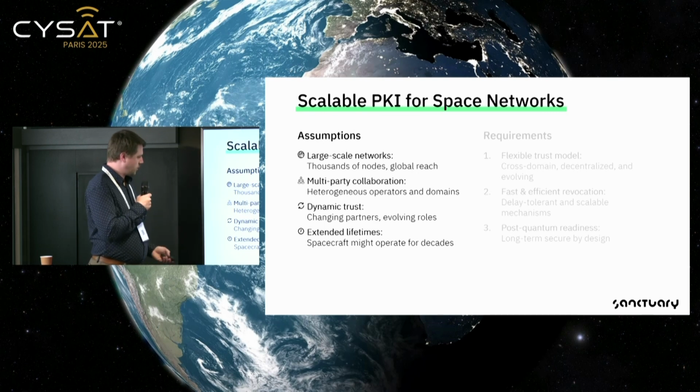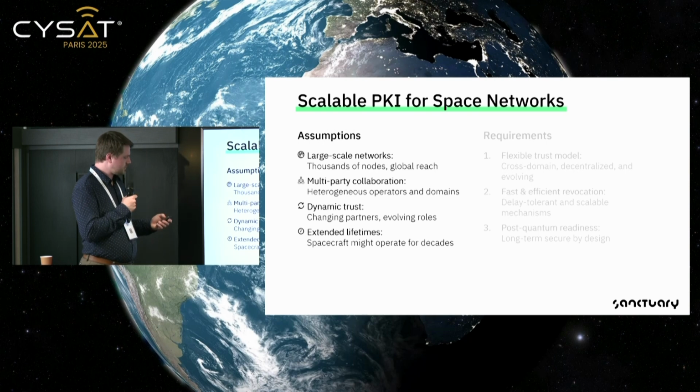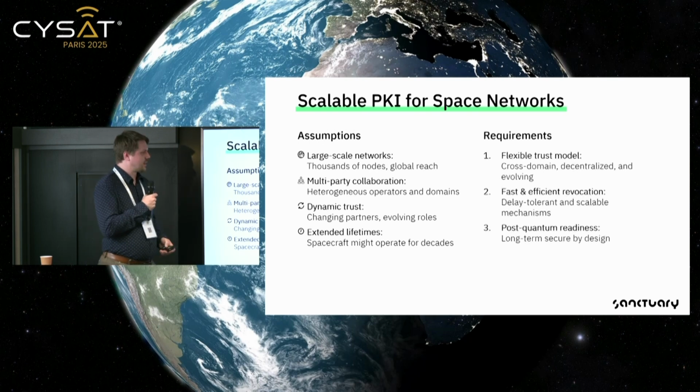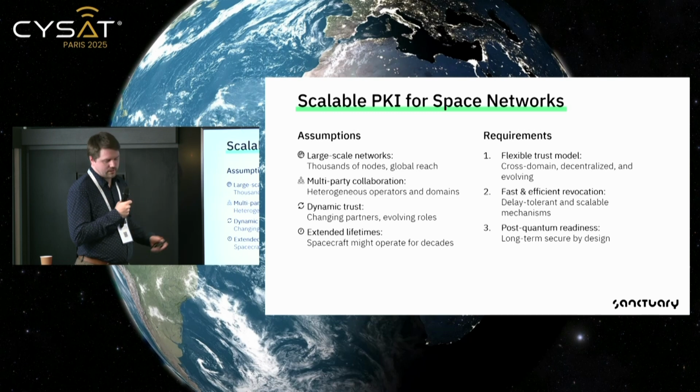And you want to have a system that works for a long period of time, because you don't want to change your PKI every 2 years. A bit more technical, this leads to the requirements that we want to have a flexible trust model, a fast and efficient revocation, and of course we want to be post-quantum ready.